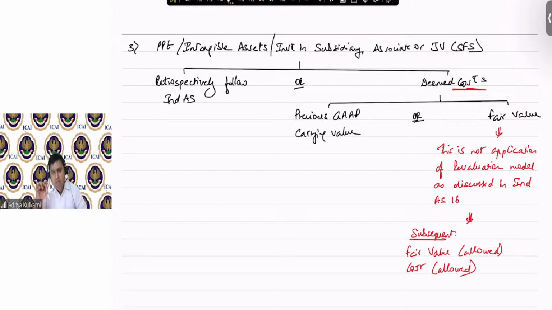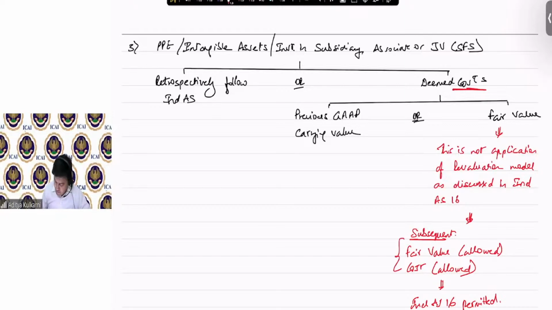No, this is the deemed cost. This is the starting point. You continue with this in the future, it is perfectly acceptable. It will be application of cost model under Ind AS 16. You want to do a fair valuation and take the difference to your revaluation surplus because you feel it gives a better picture. That is also fine. Are we clear with this? So in the future, whatever you do is permitted by Ind AS 16.